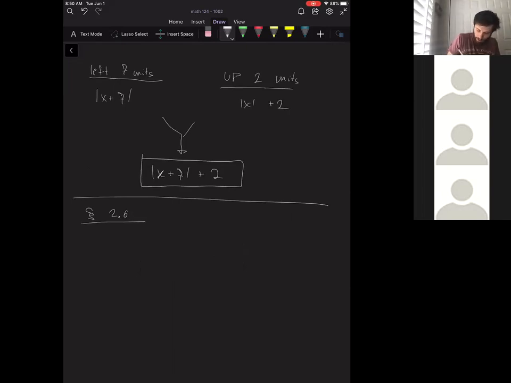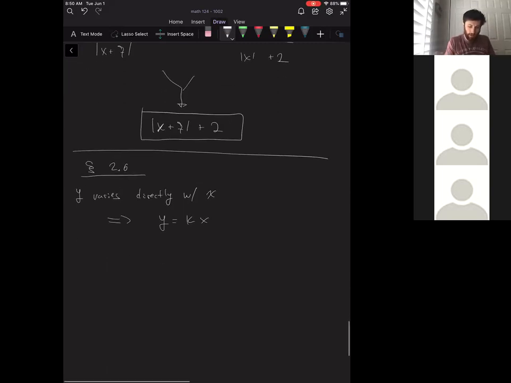So if y varies directly with x, what this tells us is that y is equal to k times x. And k is just some constant that we might be able to find given the problem. So this is what this means.